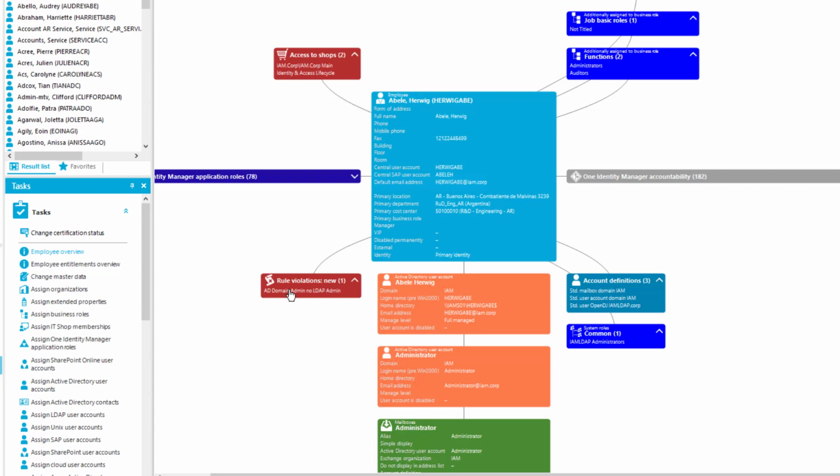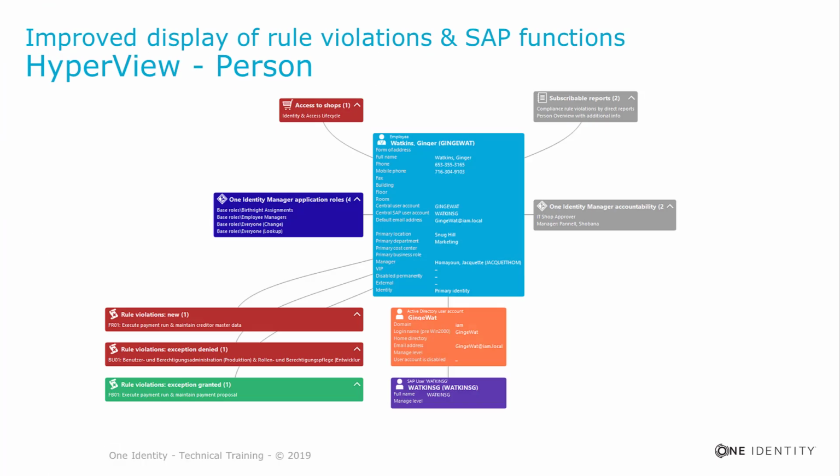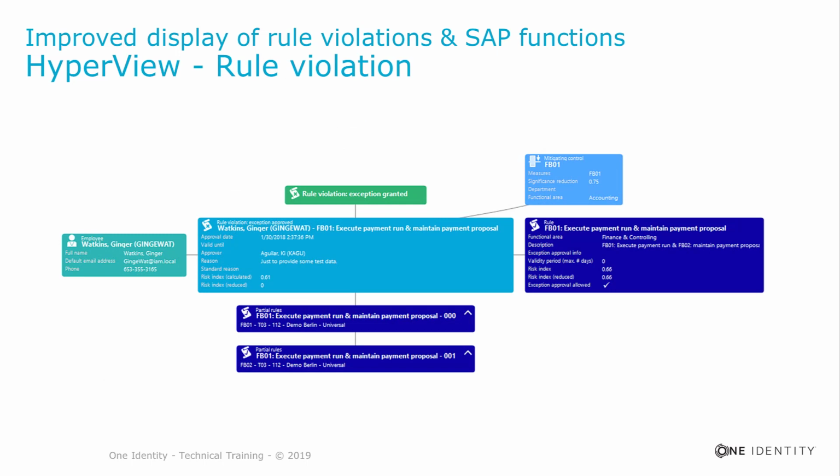If I click the rule violation, you get a new screen. This is new in 8.1, and what you can see here is a lot more information about the rule violation. For example, you can see the employee which is connected here. You can also see the rule violation, which is pending, and you can see the rule and directly jump to the rule if you are interested. In case of SAP, you will then see affected sub-functions and sub-rules.